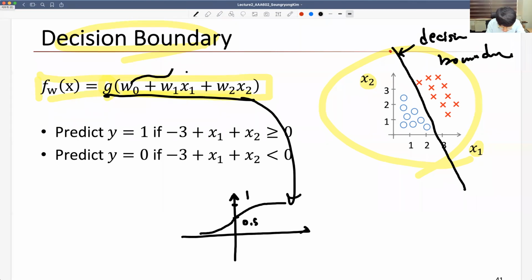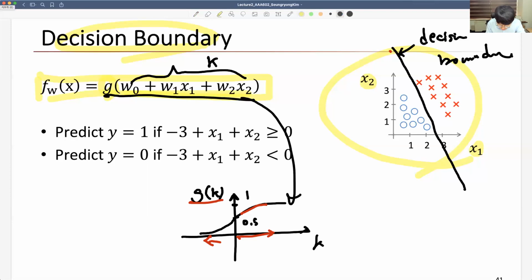Let's say this part is K, in terms of K and G of K. Then we can say that if K is larger than 0, G of K should be larger than 0.5, or if K is smaller than 0, then G of K is also smaller than 0.5, right?